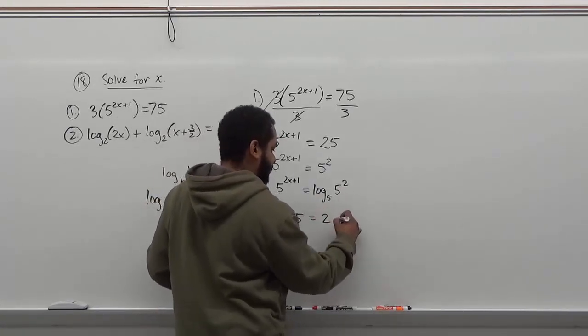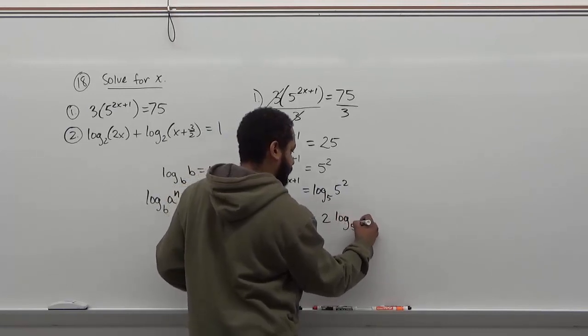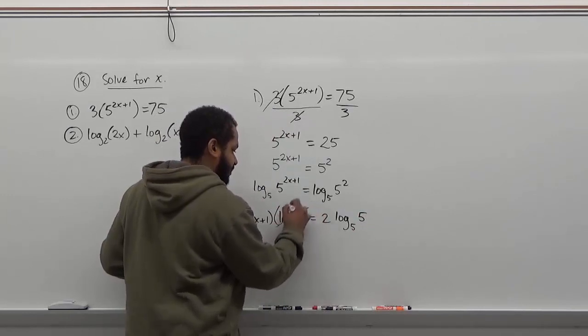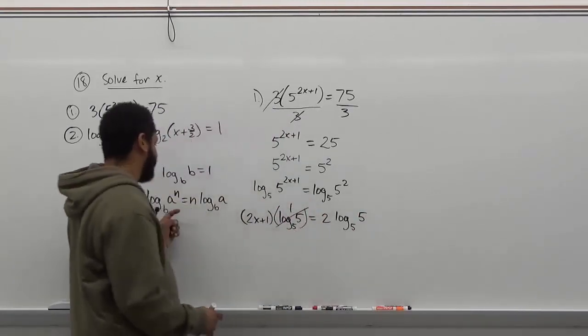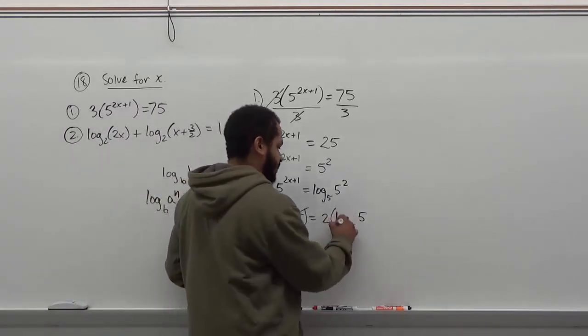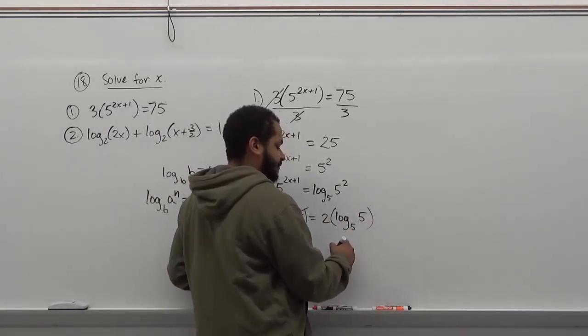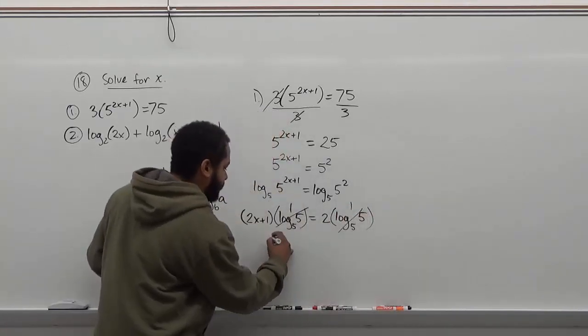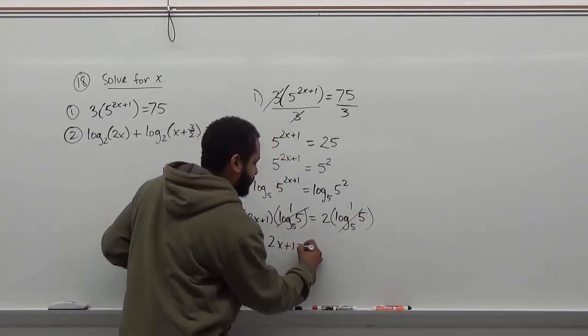And the 2 is also going to come down in front of this log term. And now this term here becomes 1 because log base 5 of 5, just like log base b of b is 1, log base 5 of 5 is also 1, as well as this log base 5 of 5 being also 1. And so we're left with 2x plus 1 is equal to 2.